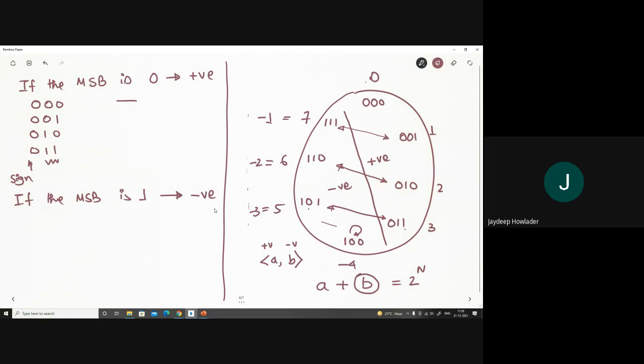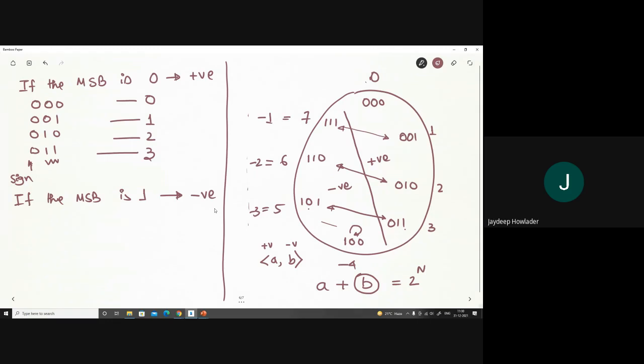So we have a magnitude of 0, of 1, of 2, and of 3. Understand? So those 4 numbers we can uniquely map. And then the second thing: if the most significant bit is 1, then they are treated as negative.